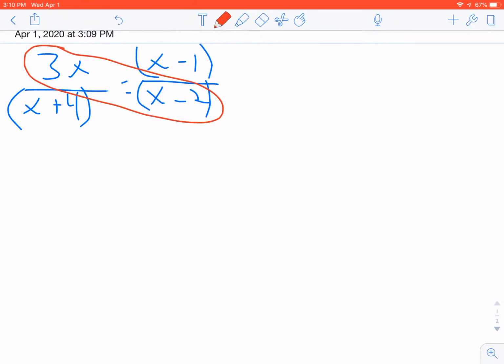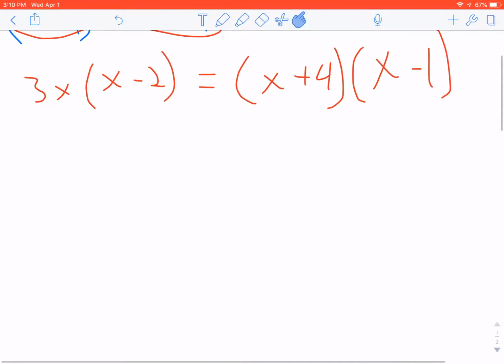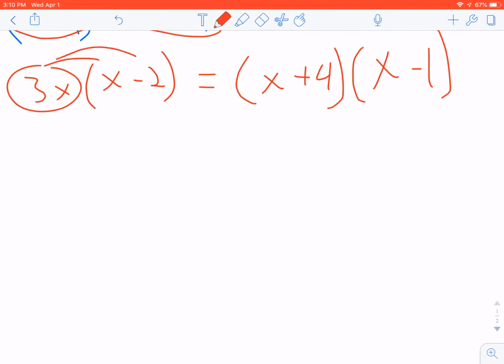So if we do our first top left to bottom right, we get 3x times x minus 2. And then your others will be x plus 4 times x minus 1. On the left-hand side, we distribute the 3x through, we get 3x squared minus 6x.